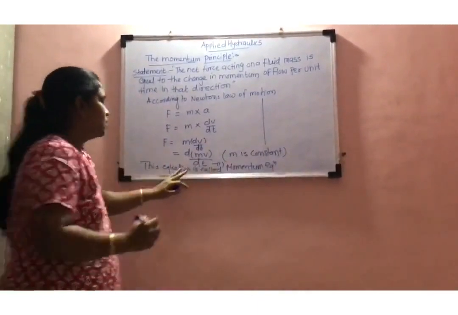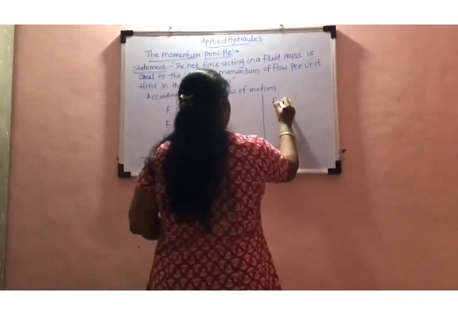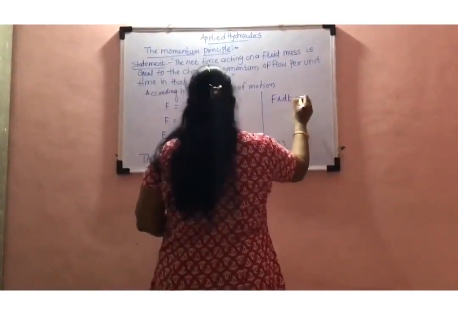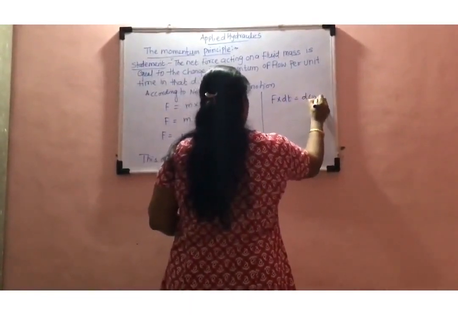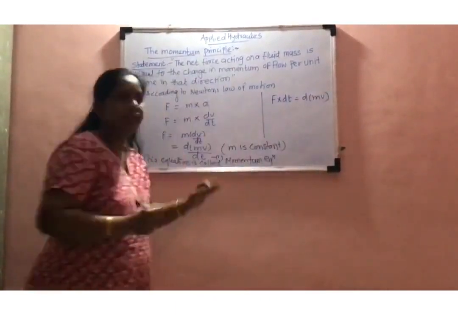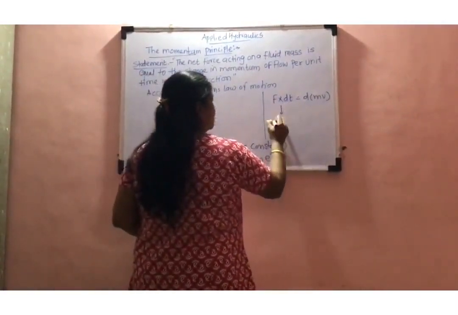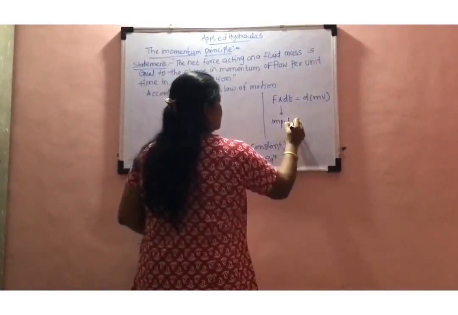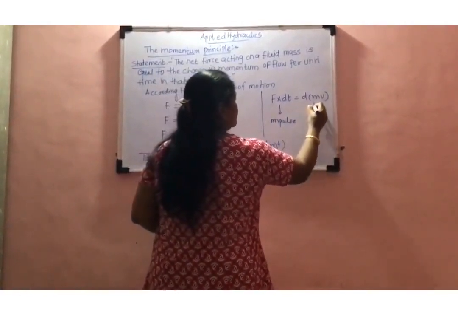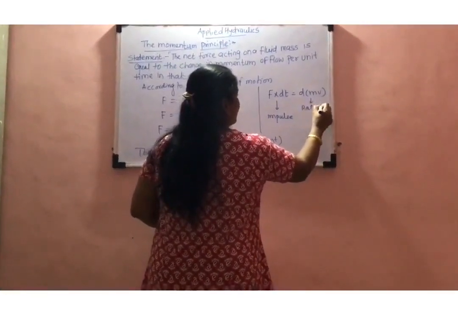This equation 1 I can write in this way also, F dt is equal to d(m v). What does it indicate? The F dt is nothing but impulse, and this is rate of change of momentum.